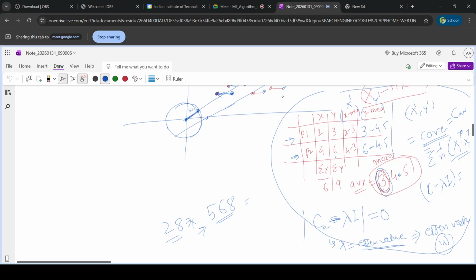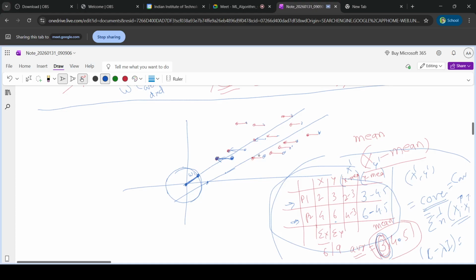So this is a small example I have given you of what unsupervised learning is here, and how we can derive the covariance calculation and all. Why did we take the mean? Because we have to bring all the data towards the center. You have to make the centered data. So for centering, you are subtracting the mean from that data to bring it to the centered area.